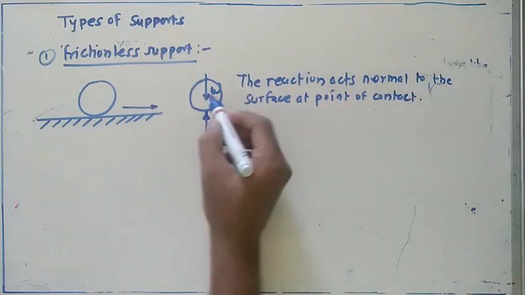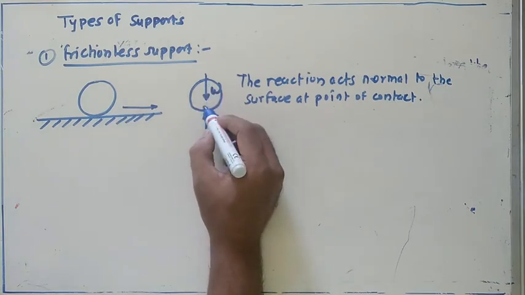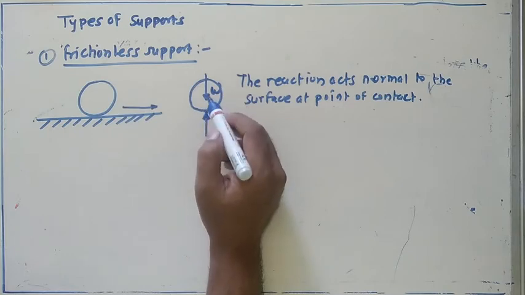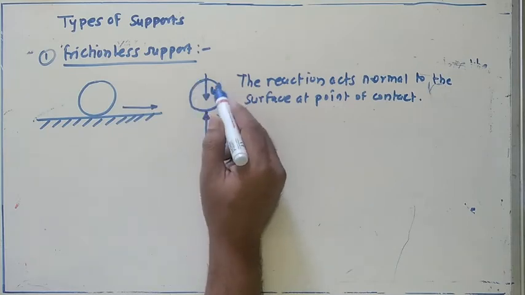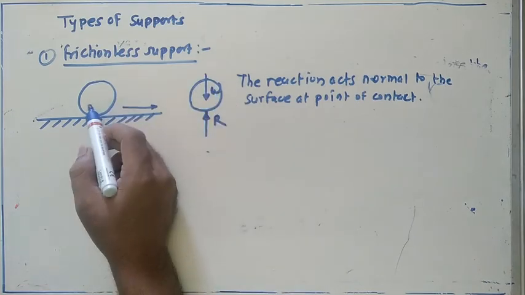And if you see the point of contact here, the normal reaction comes in the opposite direction of the self weight of that particular roller or sphere we considered. Okay, this is the case of the frictionless support.